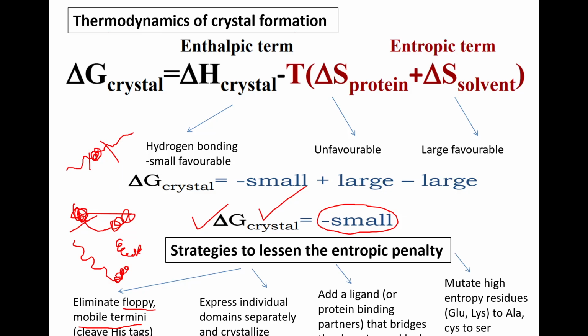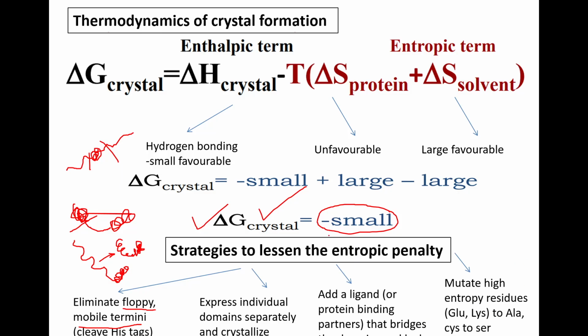So this domain was present originally, but this random coil is now forming an ordered structure when you add a ligand. That can make your overall structure compact, or suitable for crystallography. So sometimes we add a ligand which can stabilize the structure of a protein.